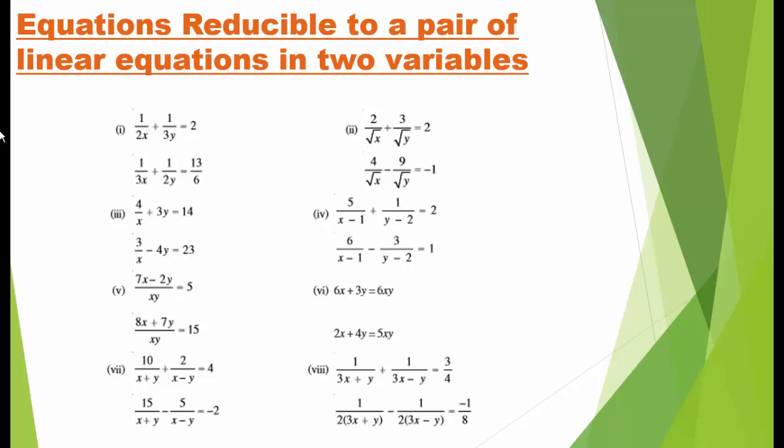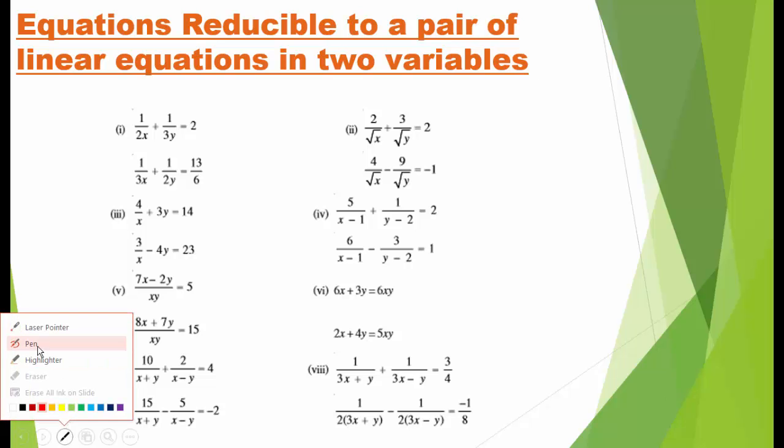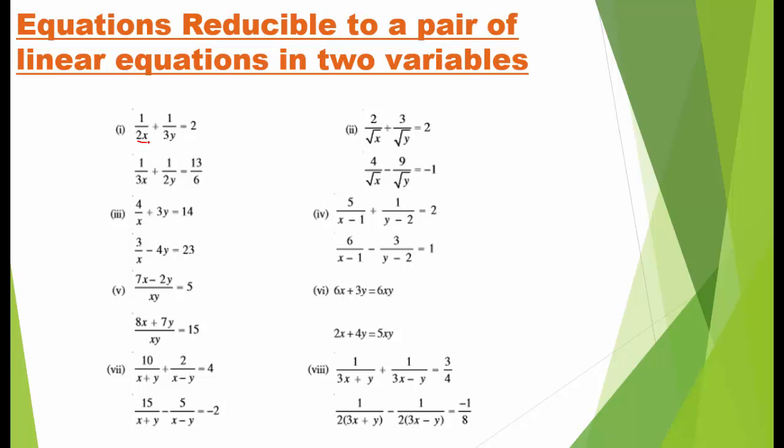If you check, you will find that 1 by 2x means my variable x is in the denominator. Here the variable y is also in the denominator, so we can't say that this is a polynomial.